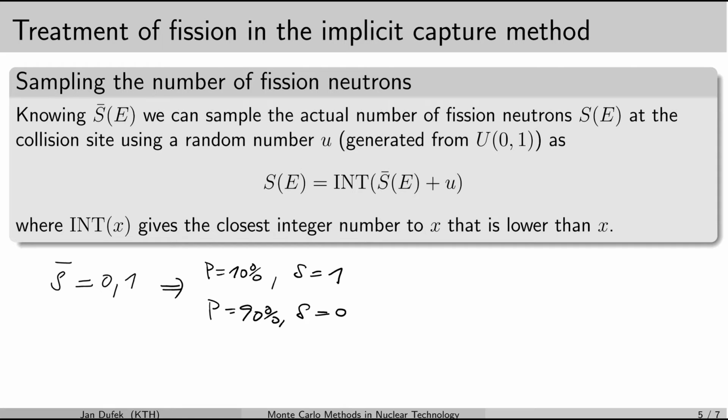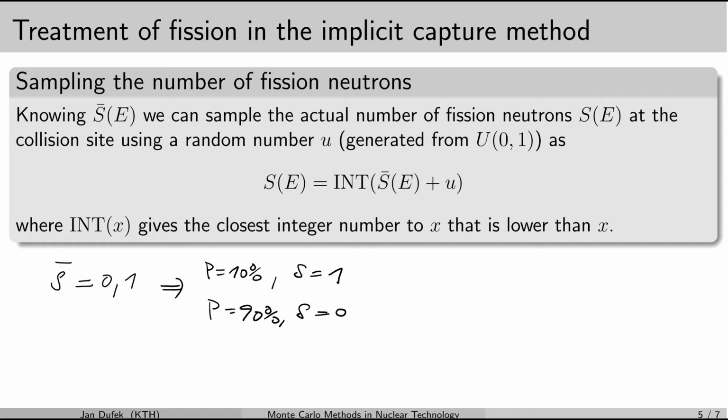In this formula you can see that the expected number of fission neutrons is combined with the random number generated within the interval 0, 1 from the uniform distribution, and that is then taken by the int function, which returns the closest integer number to x, so to this sum of the expected number and the random number from the random number generator. It's the closest integer number which is lower than x.